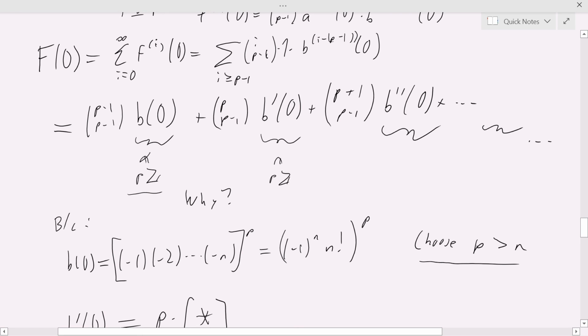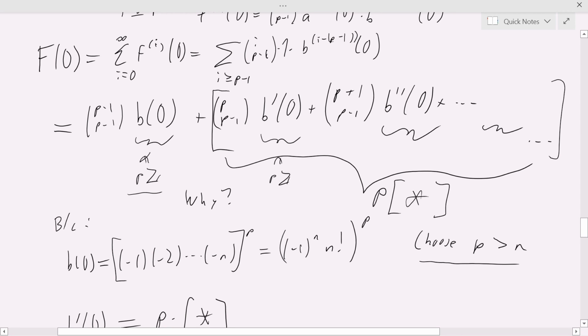So we can just factor a p out of everything, or at least out of the terms starting with the first derivative and going on to wherever the end happens to be. So that shows that this overall summation of the derivatives with the associated binomial coefficients will have a multiple of p. That itself is p times something. Or in other words, this is showing that that overall summation is a multiple of p.